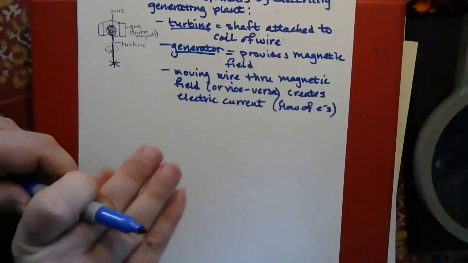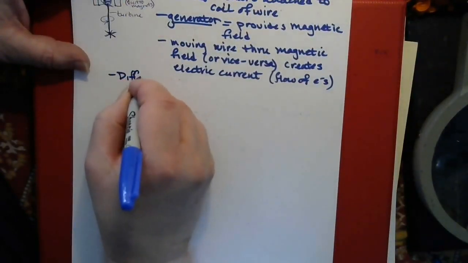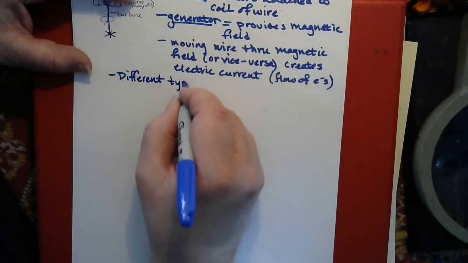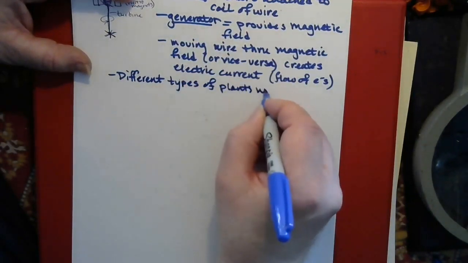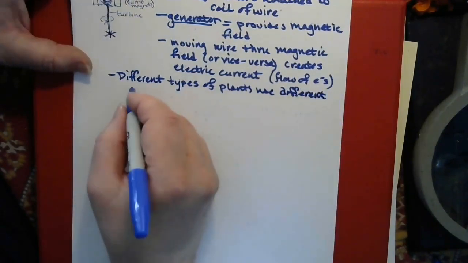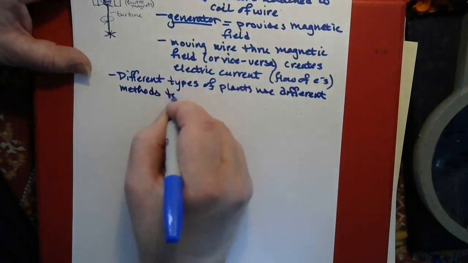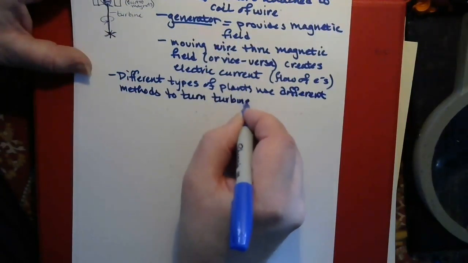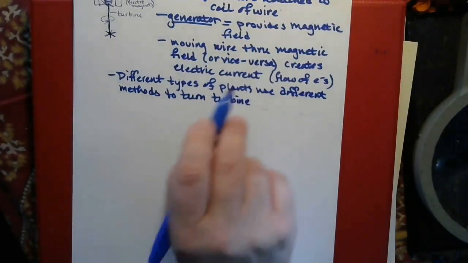The big difference is that different types of plants use different methods to turn the turbine. And that's really how most power plants differ from each other. How do you turn the turbine?